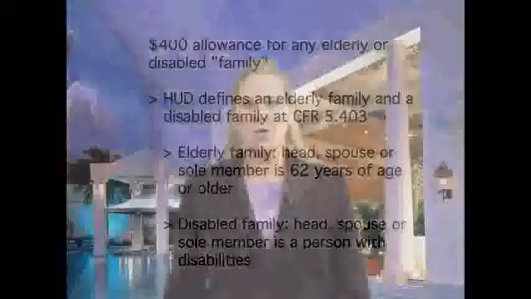As long as the head or spouse is 62 years of age or older, or is a person with disabilities, the family qualifies for a $400 family allowance. This is not a $400 allowance for each elderly person or person with disabilities. It is $400 for the family as long as the family qualifies as an elderly or disabled family.